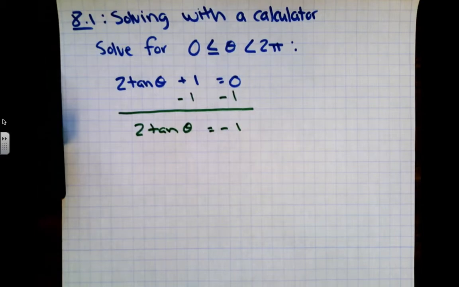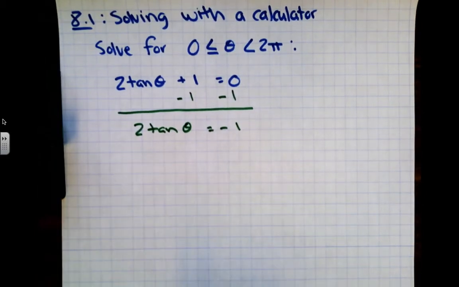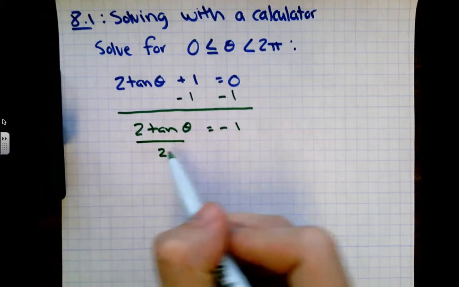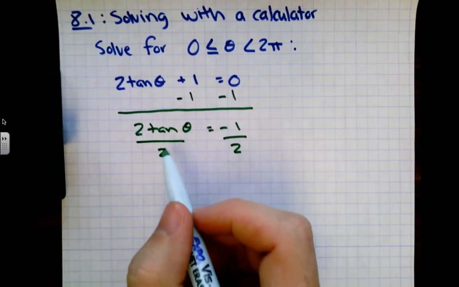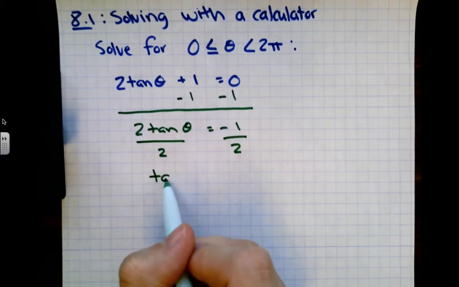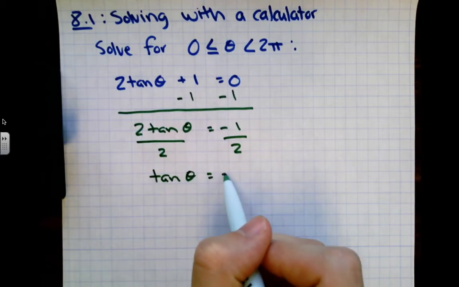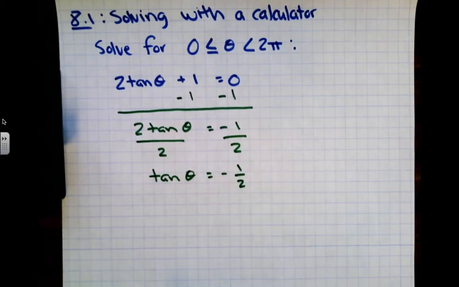Now from here, the next piece is to get rid of the 2. So I'm going to divide each side by 2. This is just like any other equation up to this point. Because now what I have is that tangent of theta equals negative 1/2.